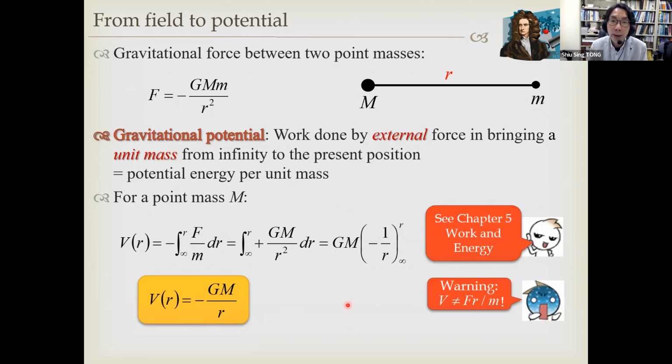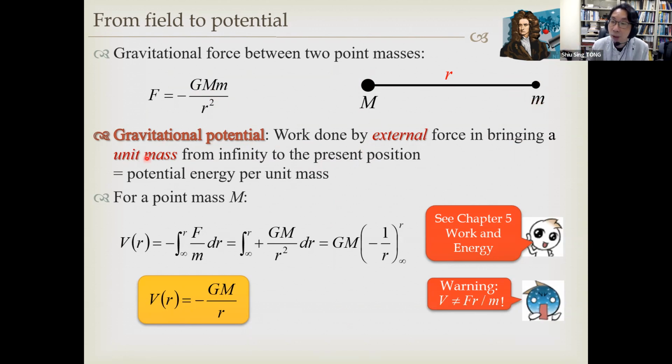Now, assuming two point masses at distance r, this is the gravitational force. And what is the gravitational potential? It is the work done by an external force in bringing a unit mass from infinity to the present position. Imagine the small m is now a mass of unit value, in SI units a 1 kilogram mass.